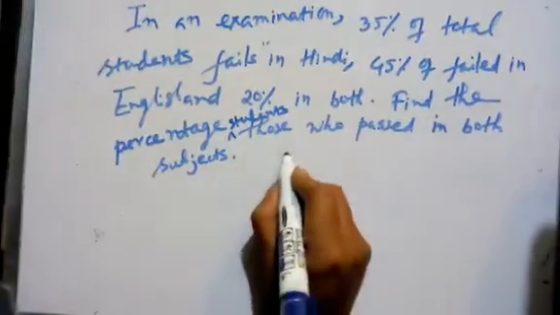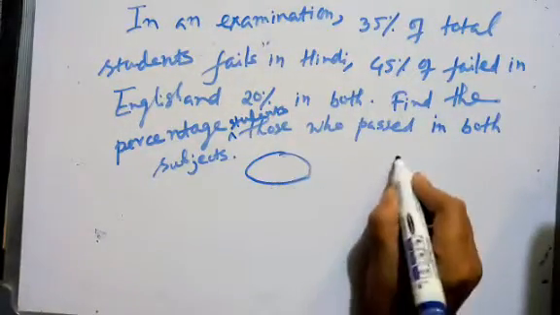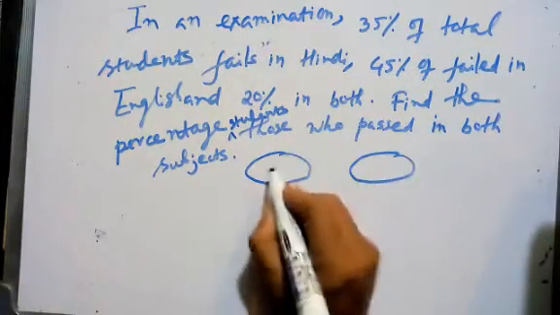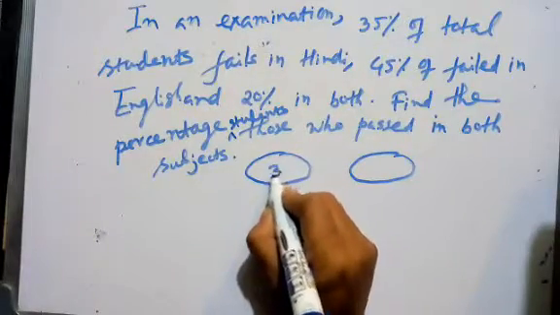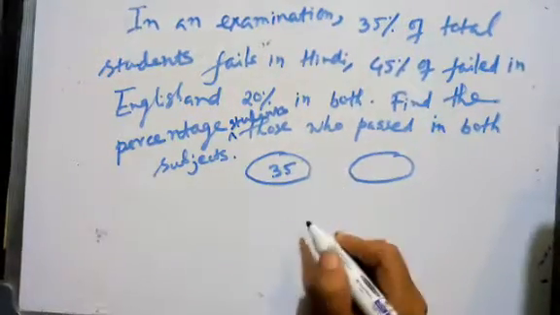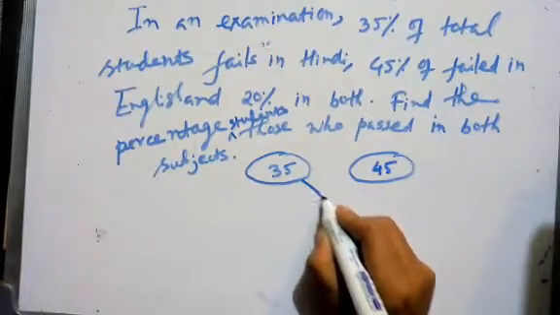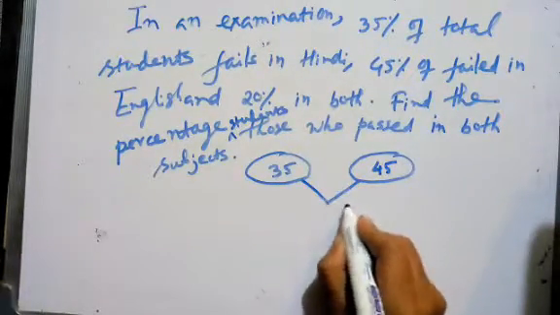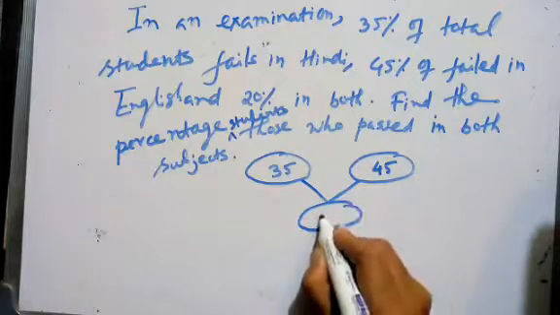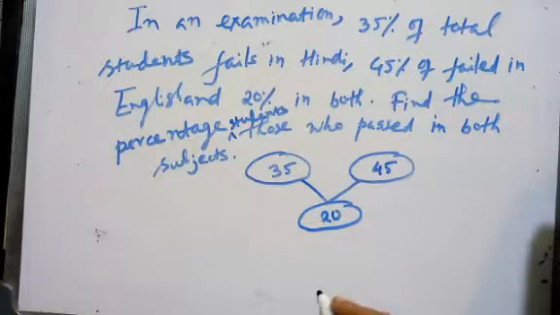So first we draw the alligation chart. The chart has 35 here, 45 here, clear, and this one is 20, clear.